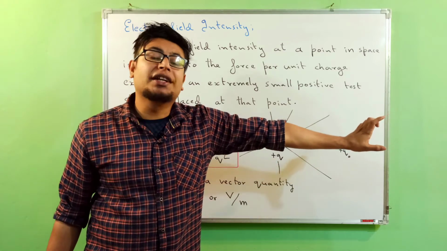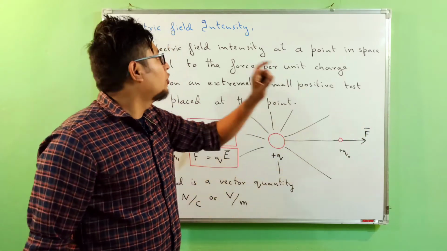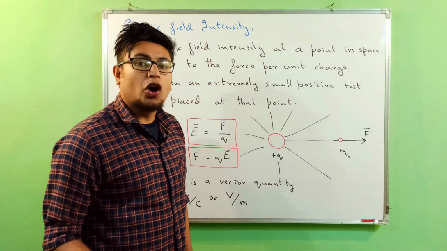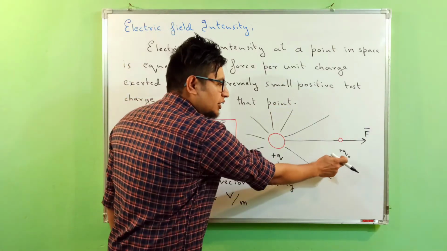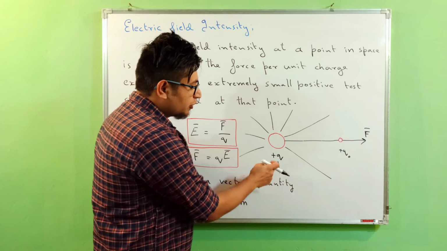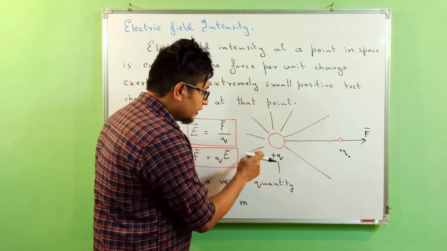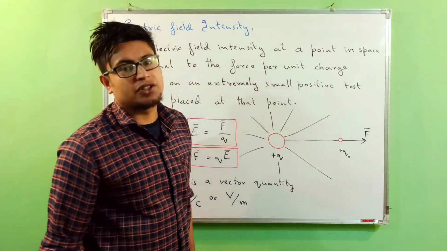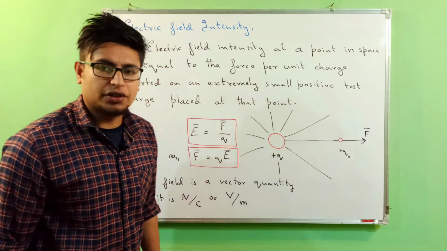That is your intensity of the electric field, also known as electric field intensity. How much is the force being exerted on this test charge by this particular charge that is producing the electric field in this region of space? This is electric field intensity.